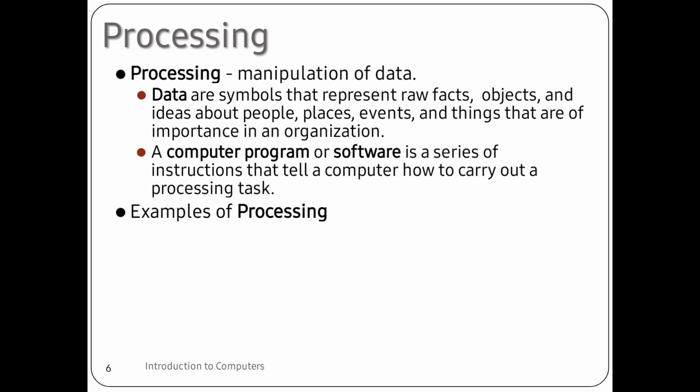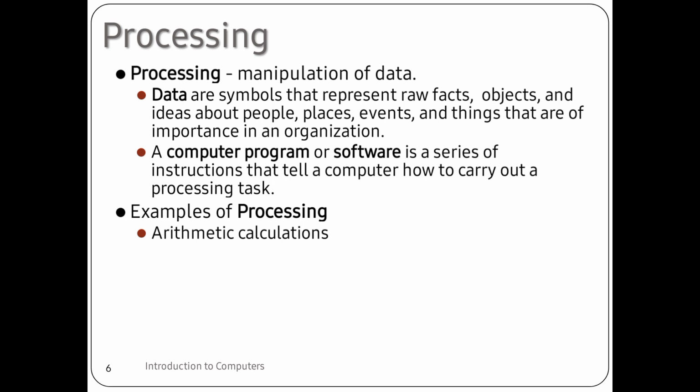Examples of processing are arithmetic calculations, which are usually done by a device called the Central Processing Unit, which is located in the system board of the system unit, which is a part of a computer.